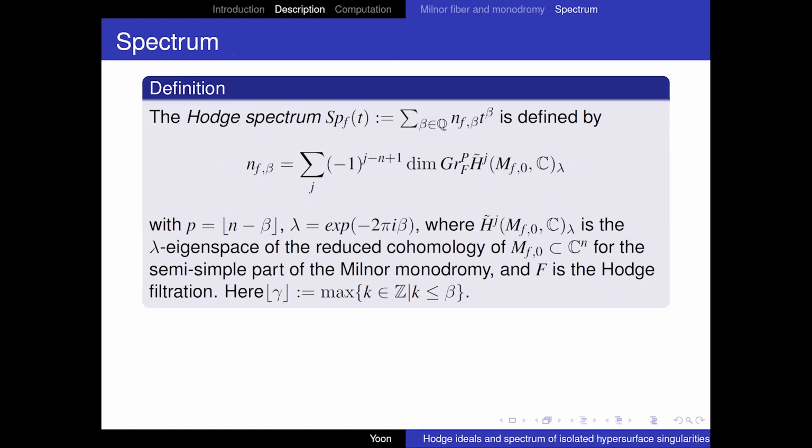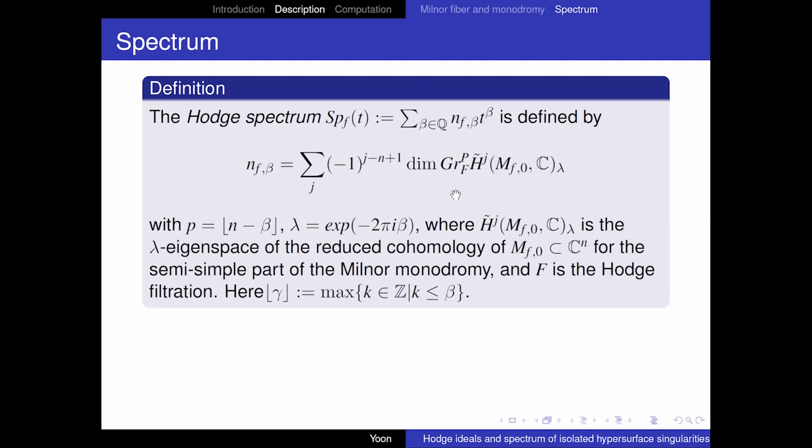Okay, so let's see our definition again. The data n_{F,β} is given by the alternating sum of the dimension of the graded piece of the lambda eigenspace of the cohomology. Here this is the reduced cohomology of the Milnor fiber. You will see why we use the reduced case by example.